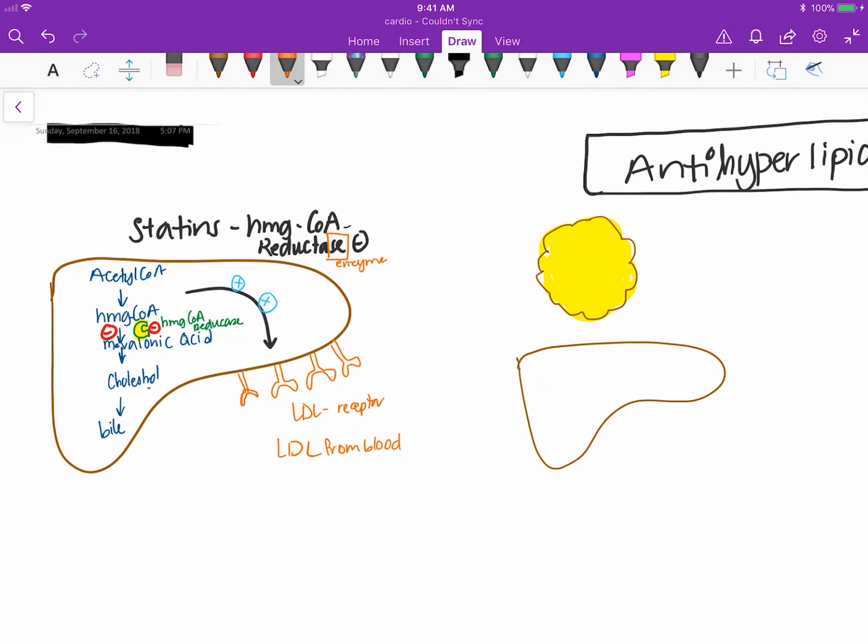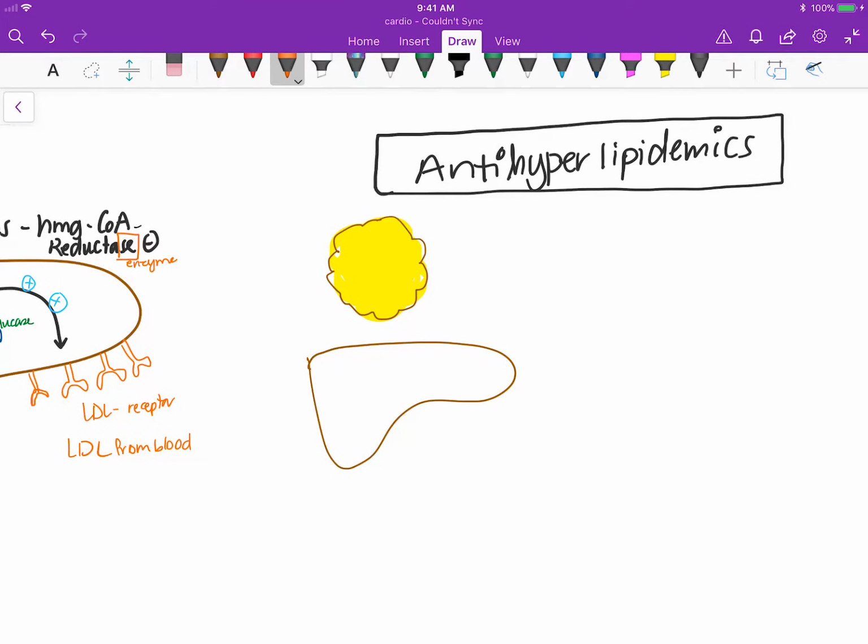Now, the second kind of antihyperlipidemics we're going to talk about is called niacin. Basically, when your body's starving, you're in a fasted state, you have a lot of glucagon, and you need to release energy fast. Glucagon concentration present tells you that you're in the fasted state, so your body needs energy ASAP.